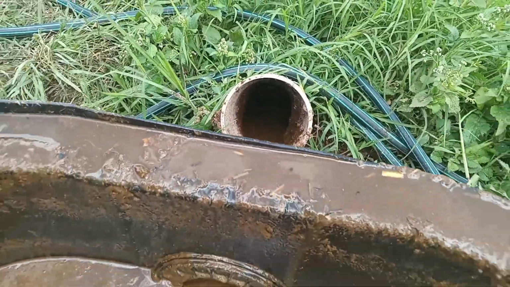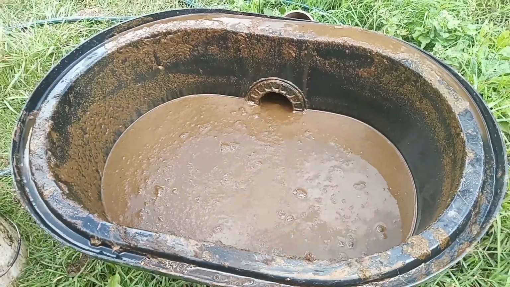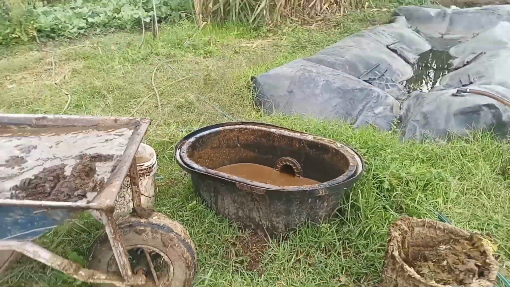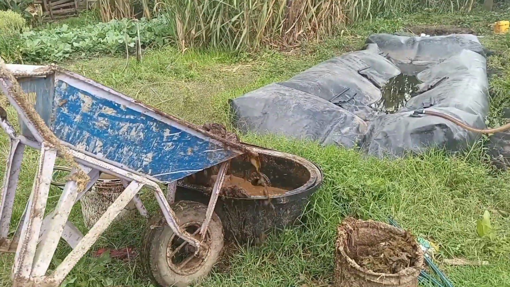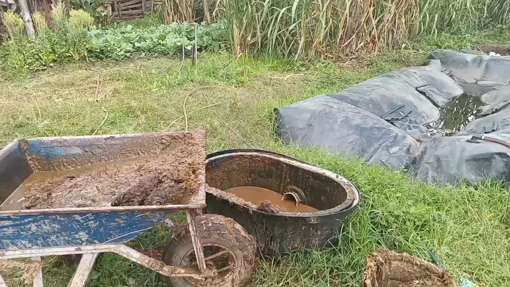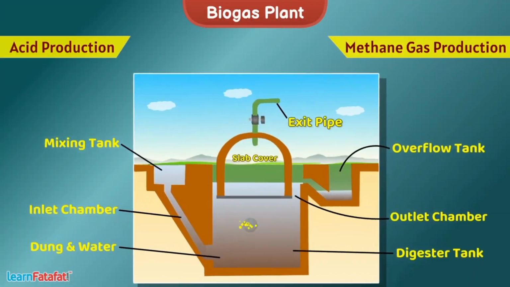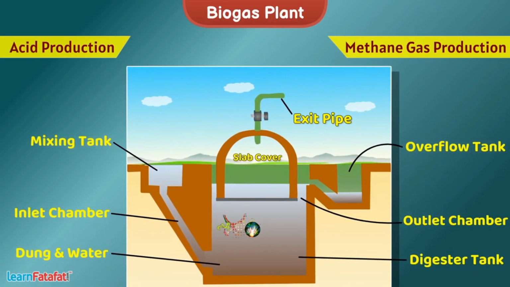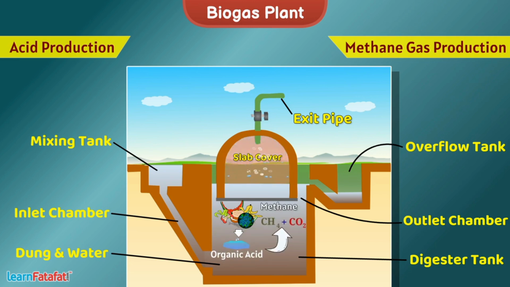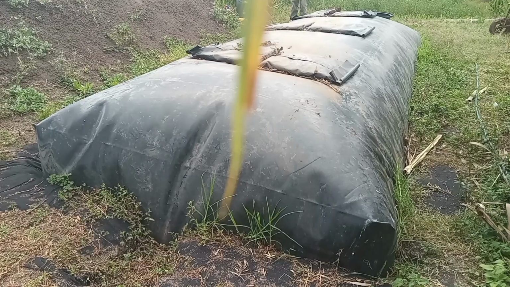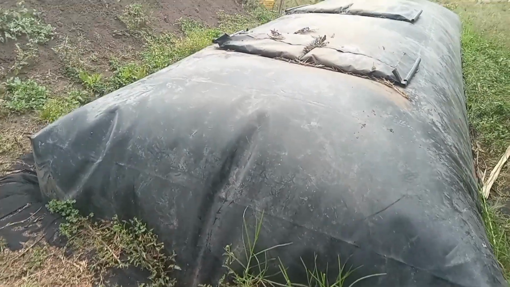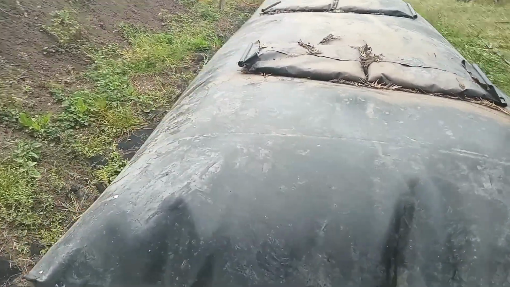So the microorganisms act on the complex biodegradable organic matter to produce organic acid. Then the methanogenic bacteria act on the organic acid produced to produce methane gas, that is the biogas.